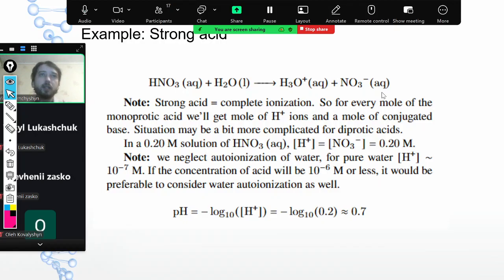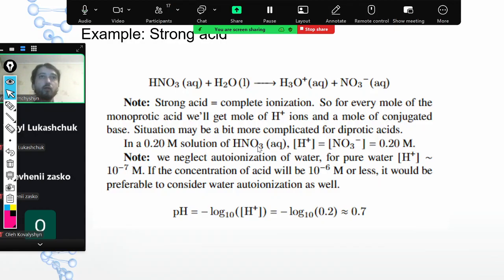For a diprotic acid, the situation may be a bit more complicated, but I will not consider that. So let's consider we have a 0.2 molar solution of HNO3. I can neglect the auto-ionization of water. Why? Because if this fully dissociates, I have a concentration of 0.2 moles per liter of H pluses that come from the HNO3.